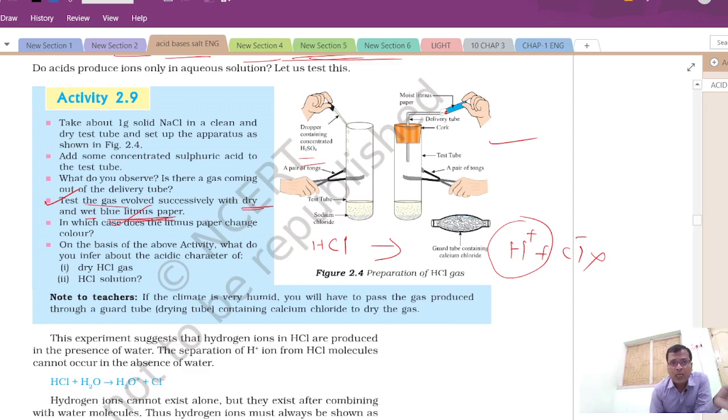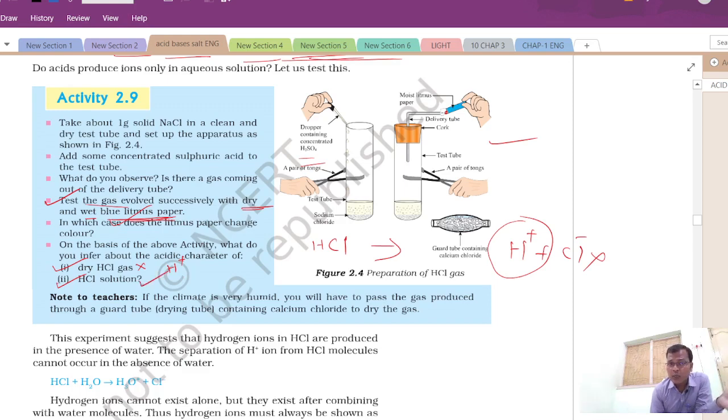Okay. Now what will happen with dry HCl and HCl solution? With dry HCl gas, there is no liberation of H plus ion. H plus ion will not liberate, and accordingly it will not act as an acid. So the color will remain the same. And what will happen in case of HCl solution?